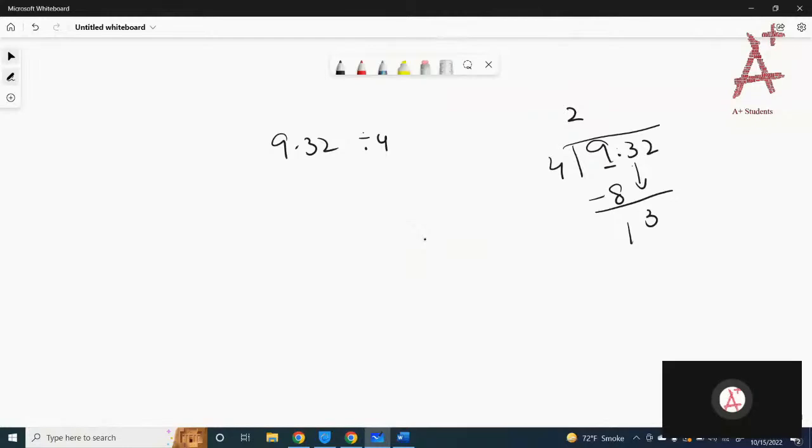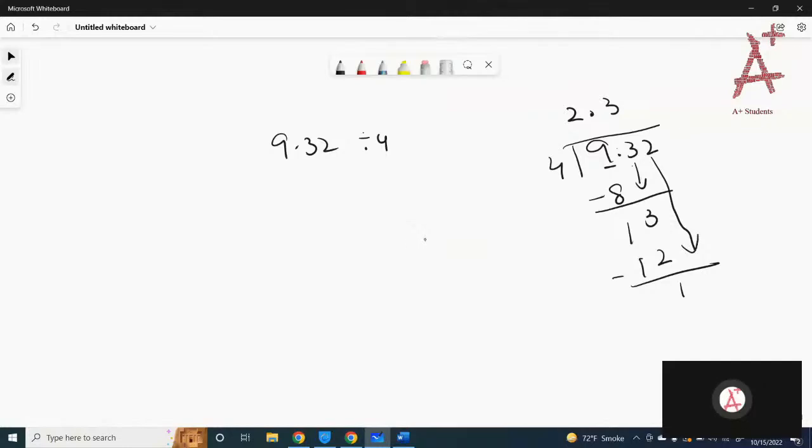You have a decimal point over here, so just put a decimal point over here and then bring the next digit down. Now you have to count a table of 4 until 13 or a number that is less than 13. So 4 times 3 is 12. 13 subtract 12 is 1.